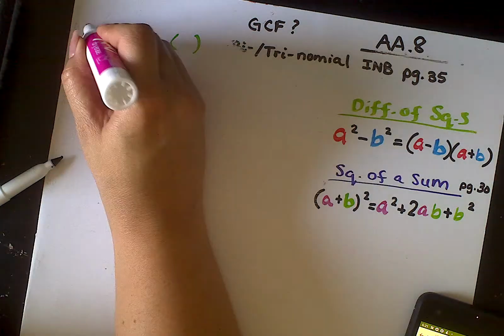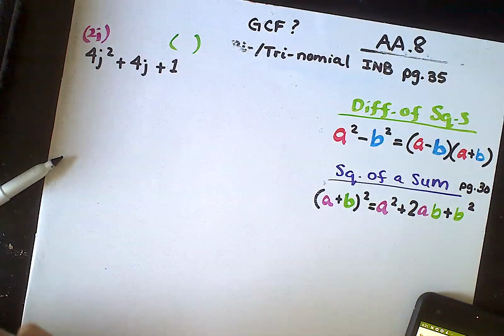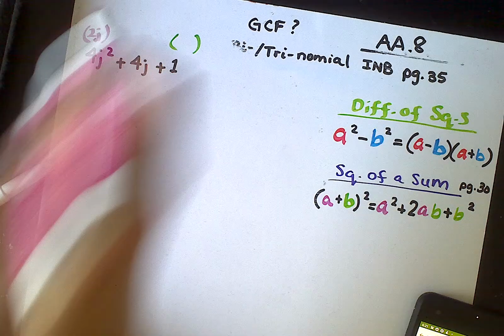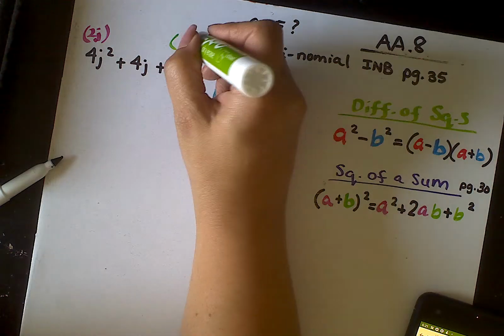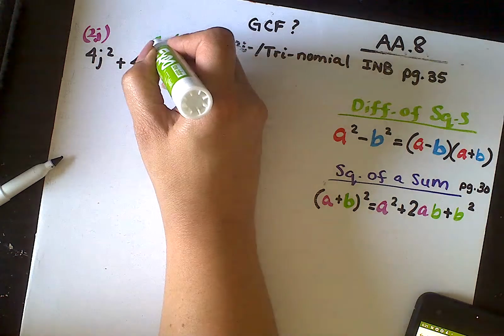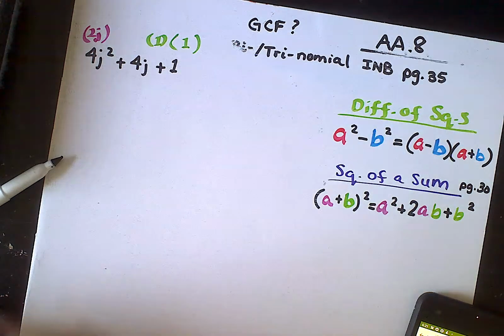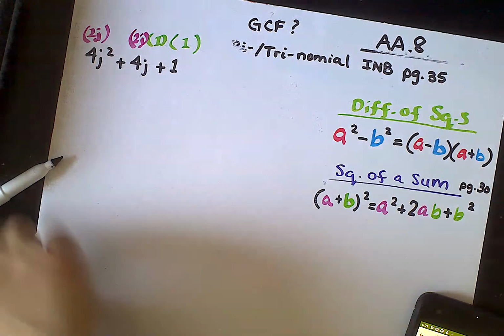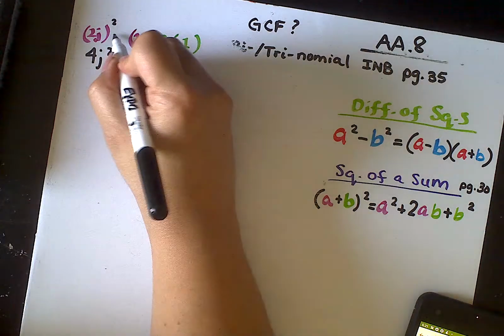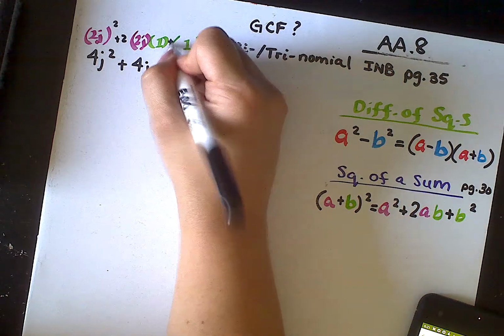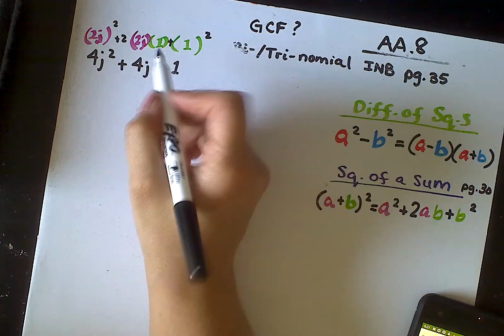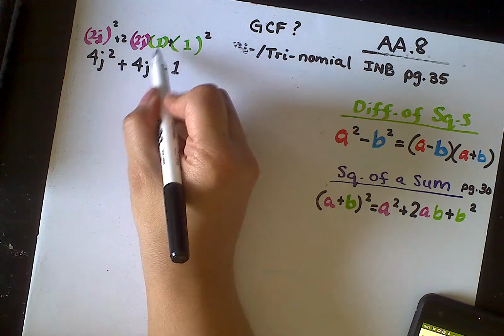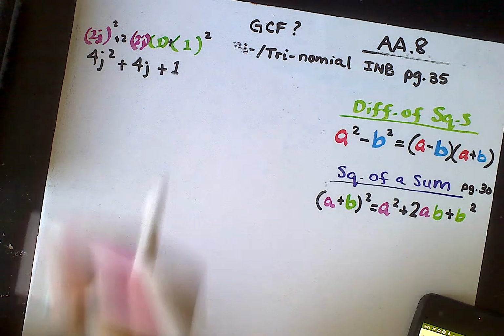So that could be 2j, and this could definitely be a 1. So that's 2j squared plus 2 times 2j times 1 plus 1 squared. Okay, so that should give me 4j, and that looks correct.